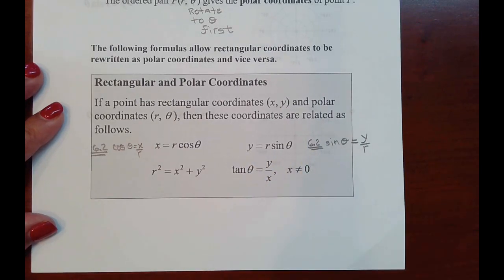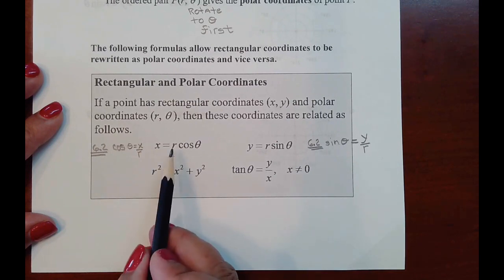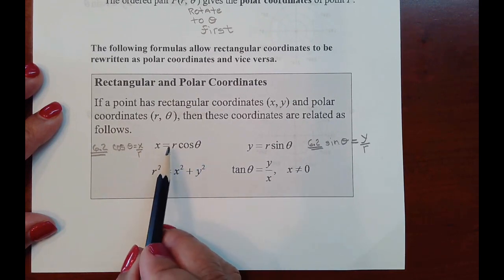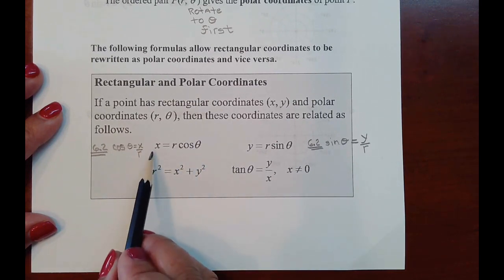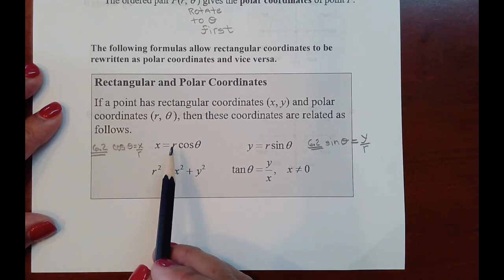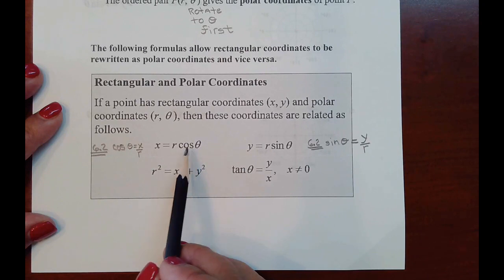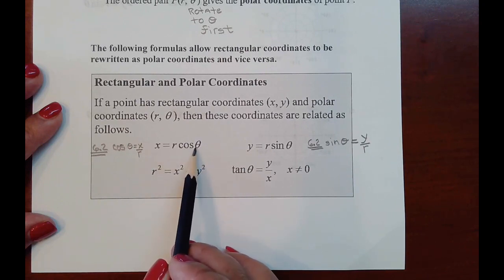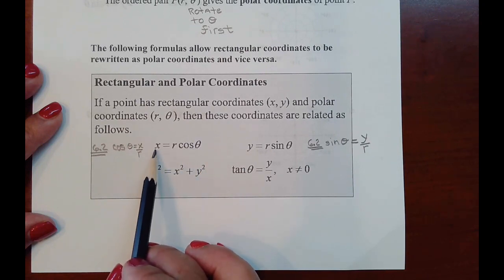So these are just formulas from section 6.2, and they happen to be the definitions that we're going to use when we want to move from our polar information, r and theta, into the rectangular system. So in other words, by someone giving us an r value and a theta, if we go r multiplied by cosine of theta, we're going to get an x value.